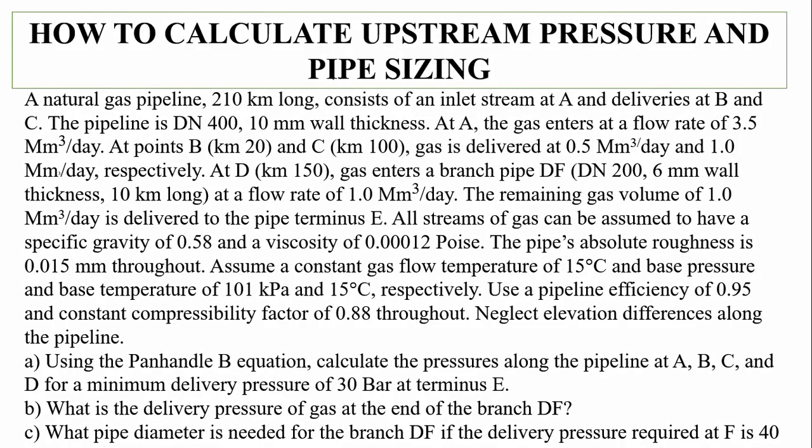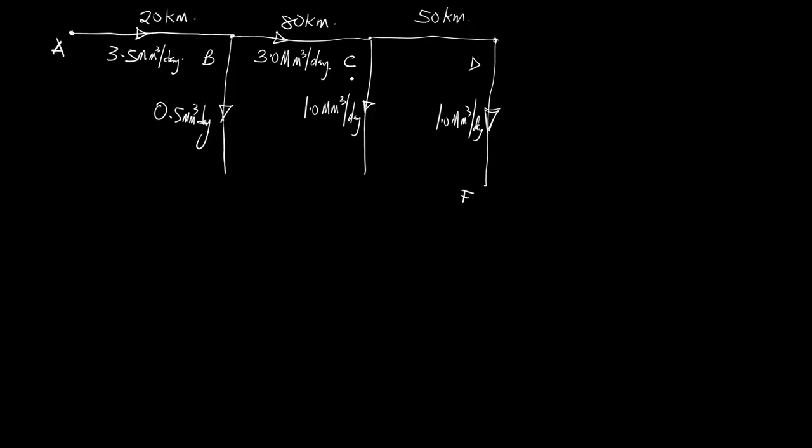Now let's say the remaining gas volume of 1 is delivered at pipe terminal E. So now since 1 left here, so this is 3, so here will be 2.0 million meter cube per day.